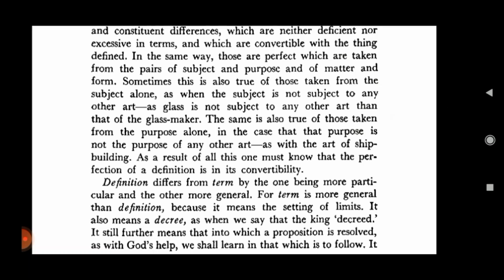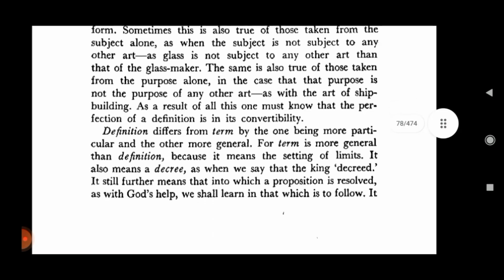In the same way, those are perfect which are taken from the pairs of subject and purpose, and of matter and form. Sometimes this is also true of those taken from the subject alone, as when the subject is not subject to any other art, as glass is not subject to any other art than that of the glassmaker.